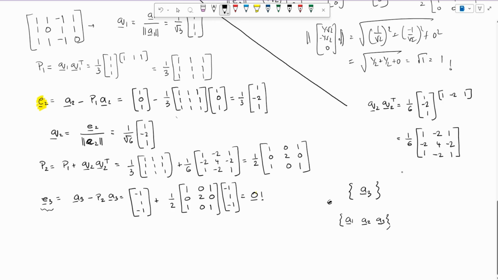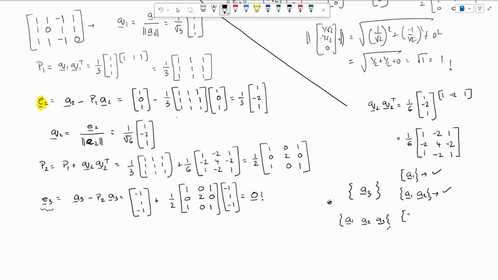In fact, in the first step, we found the set A1 was linearly independent. When we tried to compute Q2, E2 was not 0, so we could compute Q2. That implies the set A1, A2 is linearly independent.